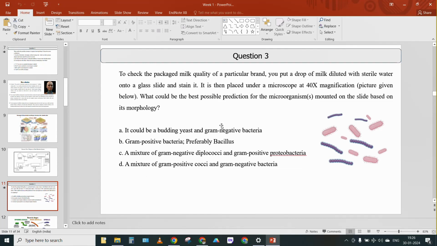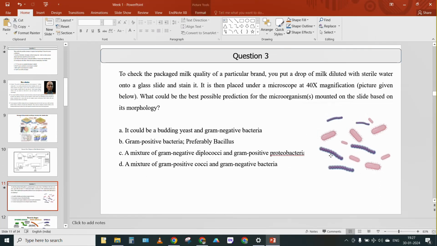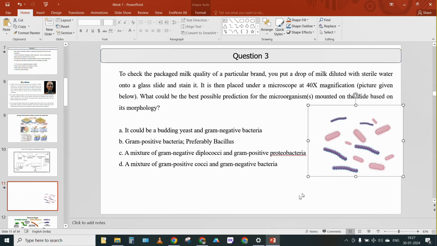What could be the best possible prediction for the microorganisms mounted on the slide based on its morphology? This is the diagram, and here are some bacteria. Which kind of bacteria is it? I'm not saying this is a bacteria, it's a microorganism. It could be a fungus, it could be anything.